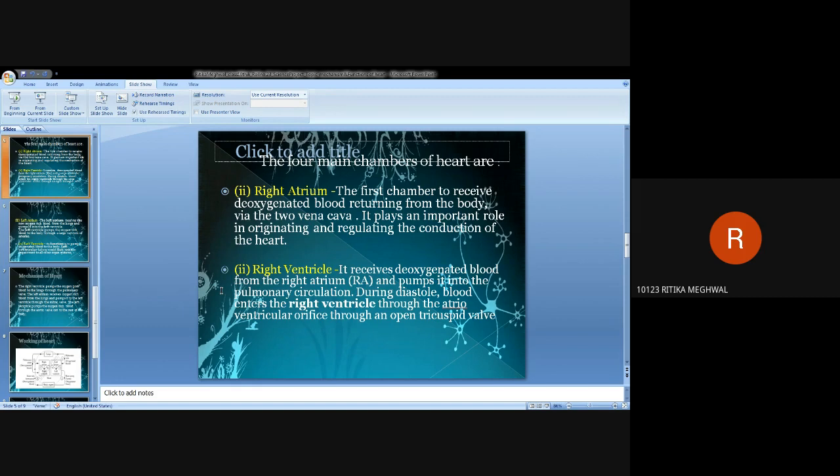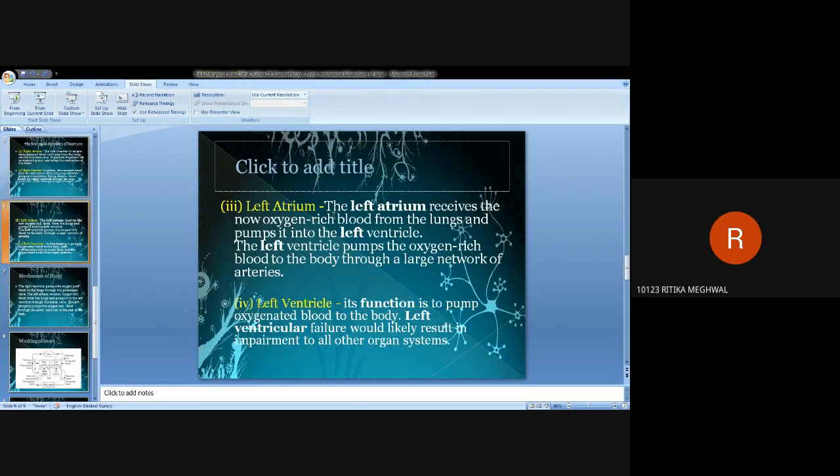During diastole, blood enters the right ventricle through the atrioventricular orifice via an open tricuspid valve. Next, the left atrium receives the oxygen-rich blood from the lungs and pumps it into the left ventricle. The left ventricle pumps the oxygen-rich blood to the body through a large network of arteries. Fourth, the left ventricle.